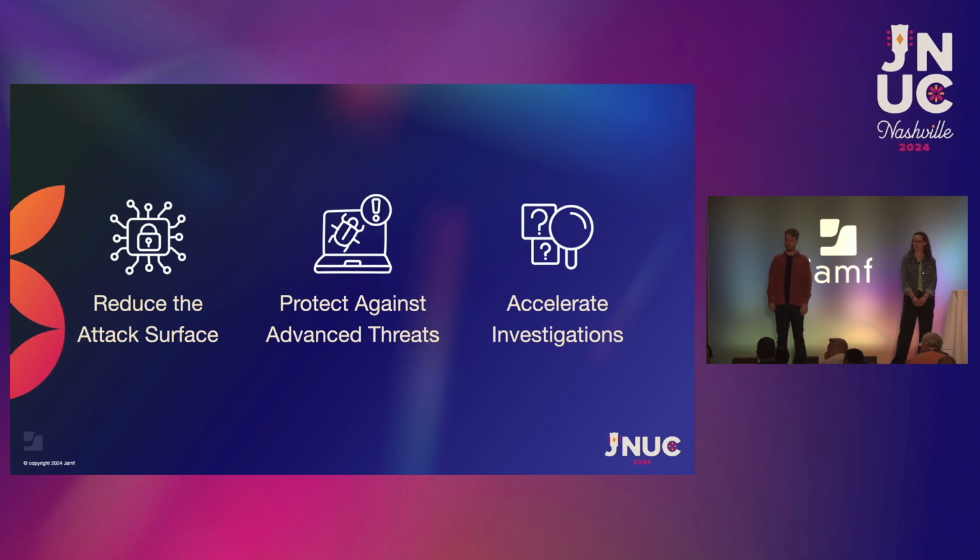Protecting against advanced threats is implementing software to help you reduce exposure to malware and bad actors out in the world, or prevent it from executing if it does get into your environment. And finally, accelerating investigations is ensuring that you have the right data in the right place at the right time to ensure you and your teams are prepared to quickly and efficiently identify, analyze, and mitigate security incidents if they happen.